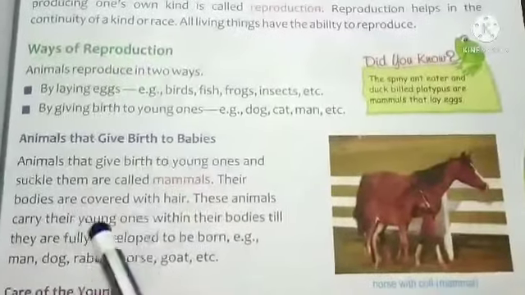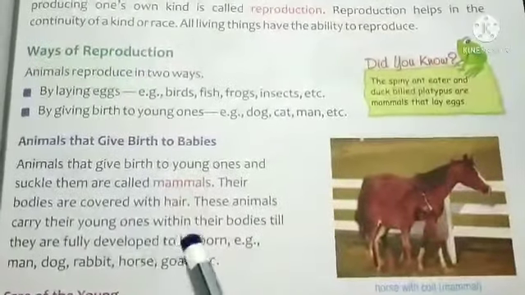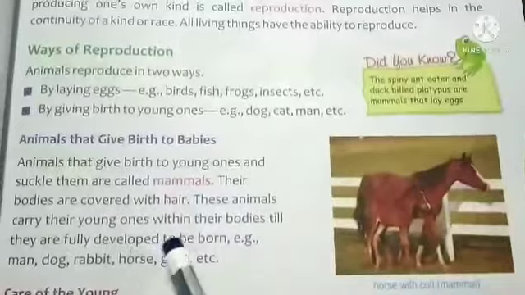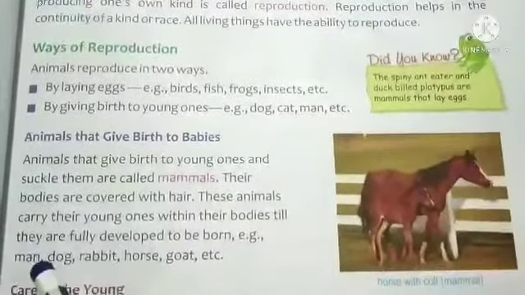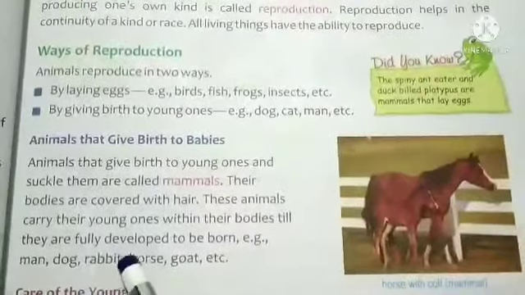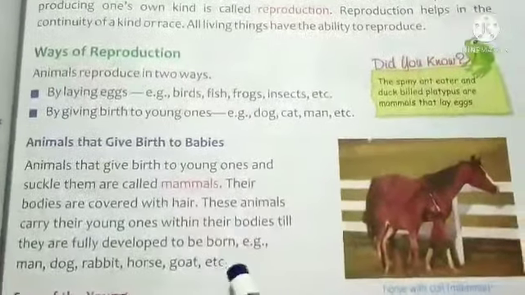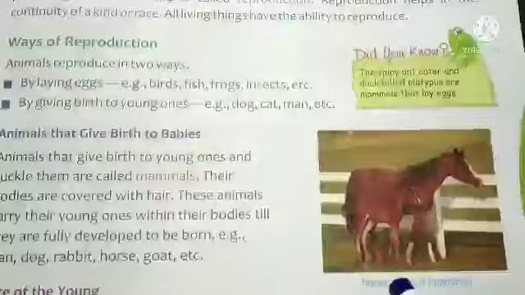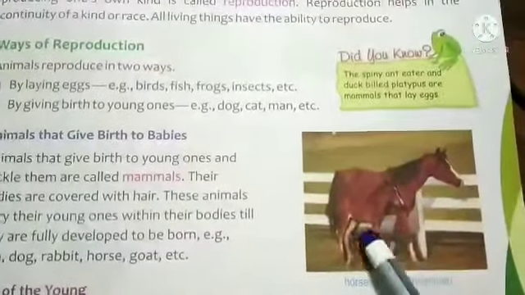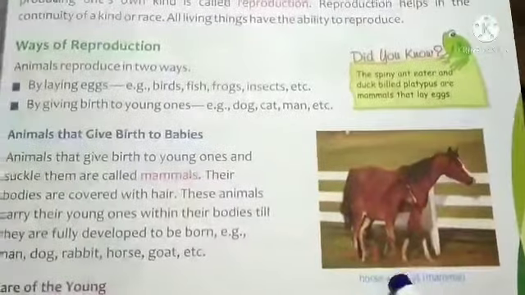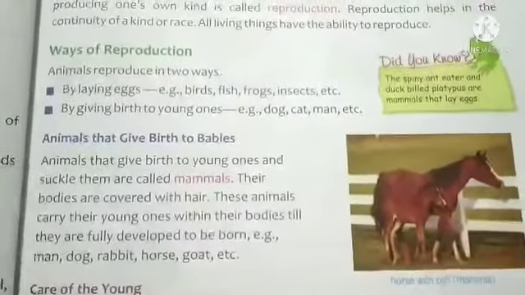These animals carry their young ones within their bodies till they are fully developed to be born. For example, man, dog, rabbit, horse, goat, etc. Here is one more example you can see, a horse with a colt. Colt means baby horse.